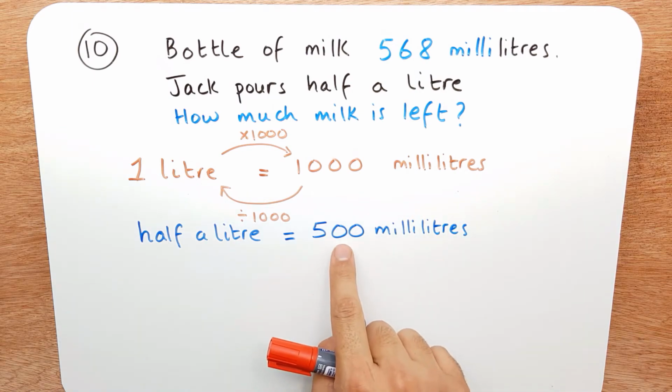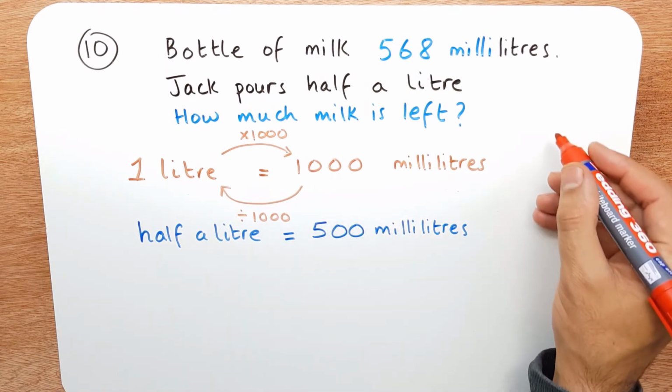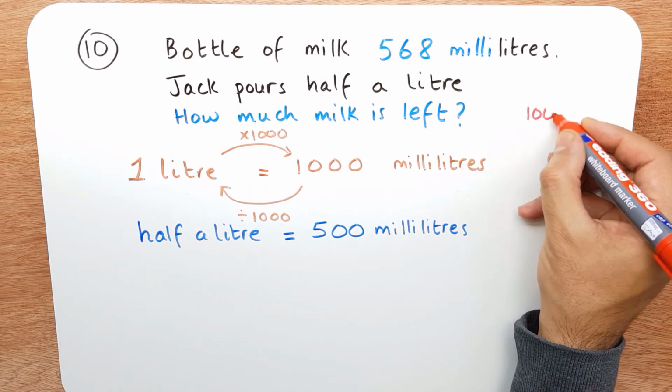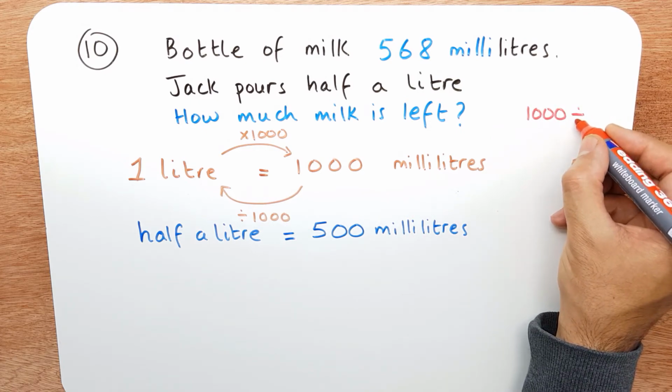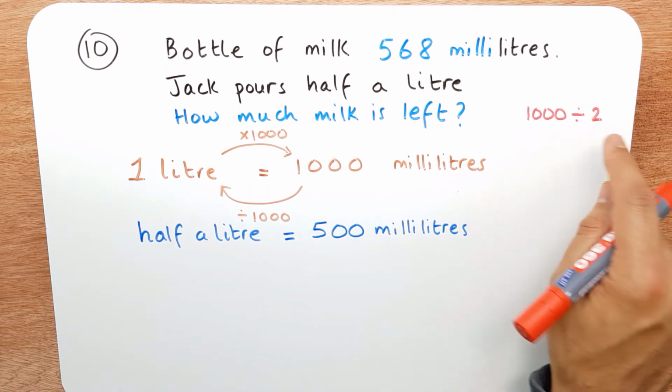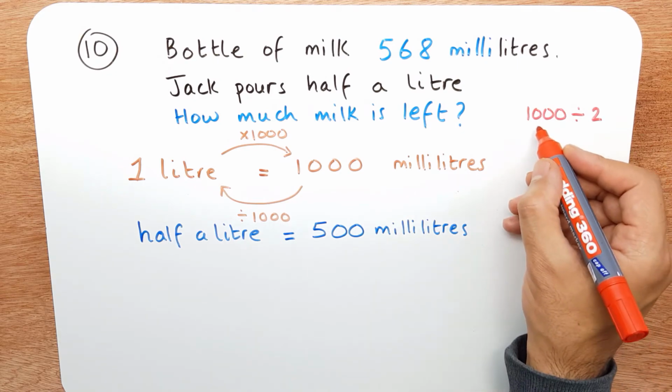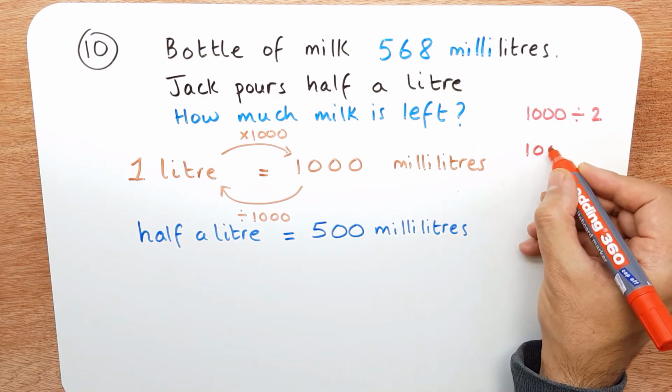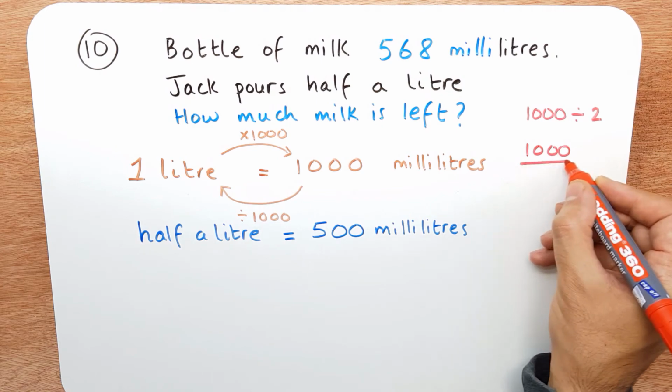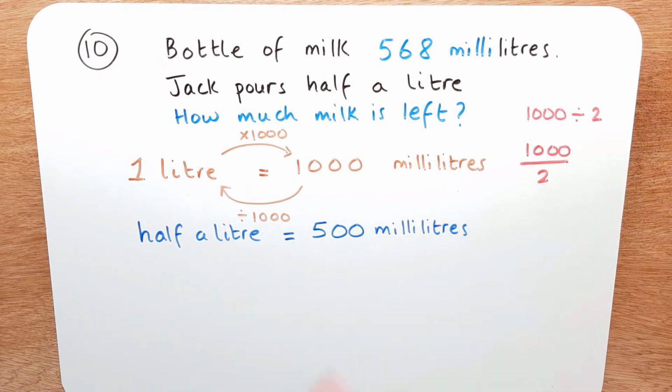Now, how did we get that? So what we can do is we'll do it up here. 1000 divided by 2, because we want half.